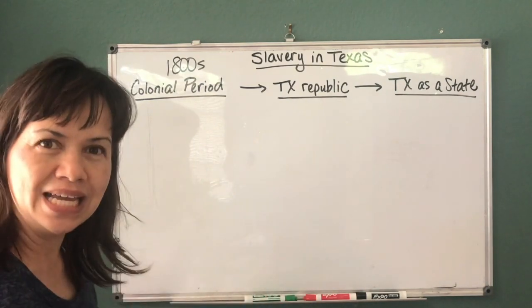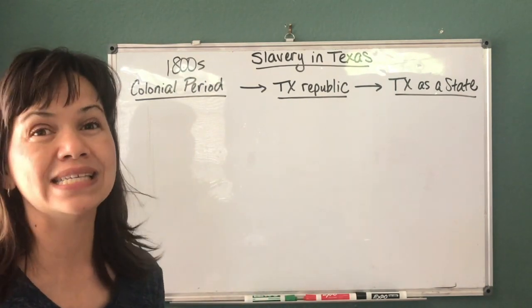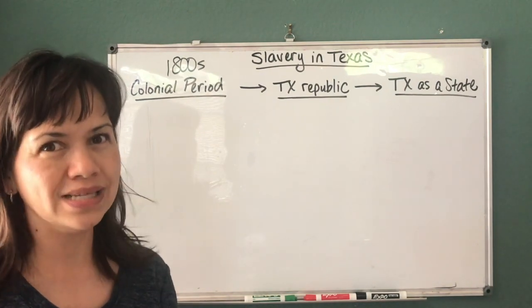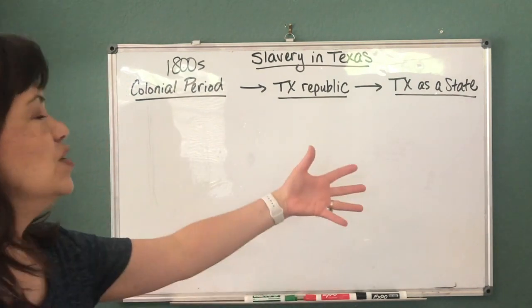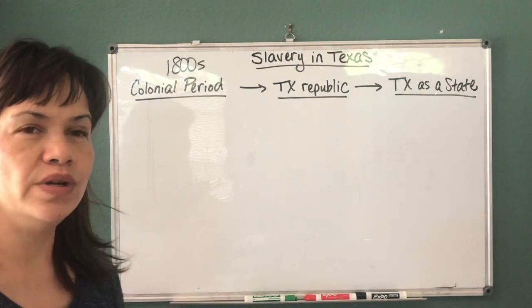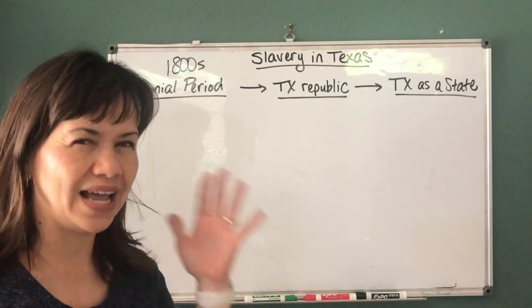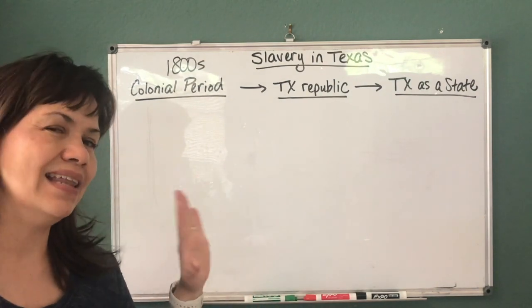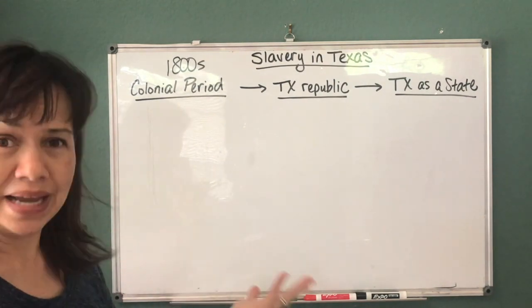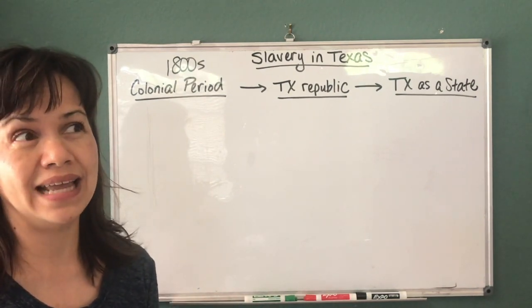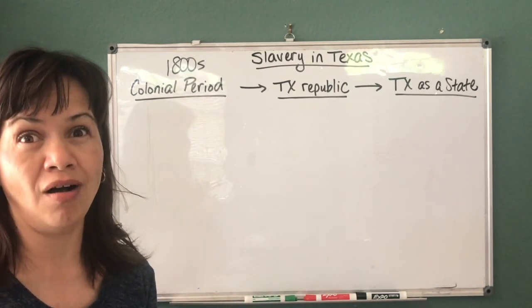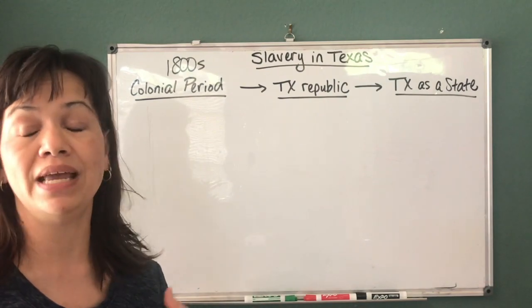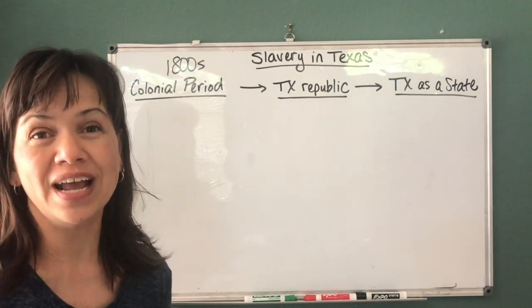And so they were coming into Texas, and many of them were bringing slaves with them because slavery was allowed in the United States at this time. So even though slavery was against the law in Mexico, they kind of turned a blind eye to the colonists coming into Texas, and they allowed it because these colonists were bringing slaves, and these slaves were working on the land, and it was improving and increasing the agriculture industry there.